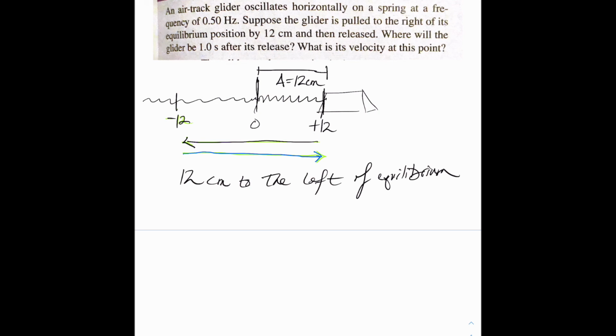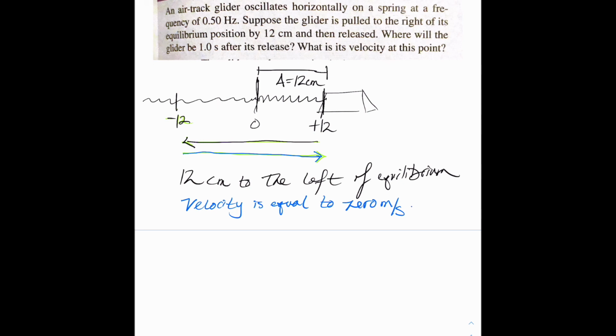So we expect at this point it's going to be a turning point, and it's going to have 0 velocity. So velocity is equal to 0 meters per second.